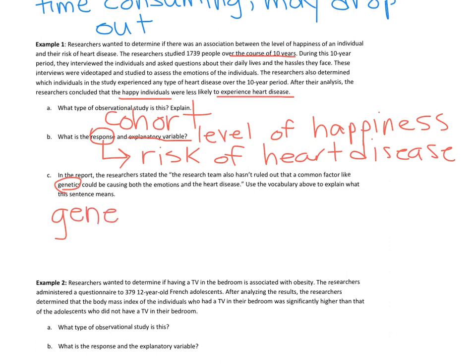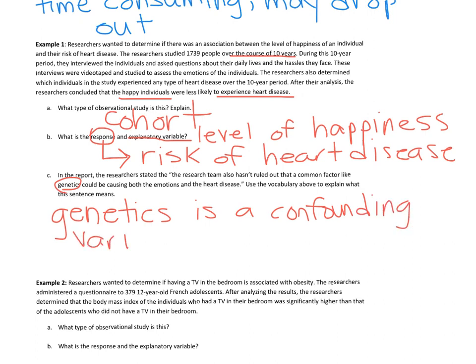So genetics is a confounding variable since it's identified, but they can't separate it. Or we can say genetics is causing confounding. Something like that, but get that word confounding in there.